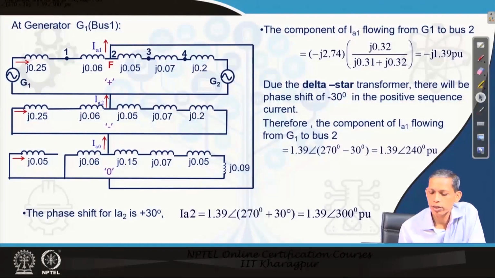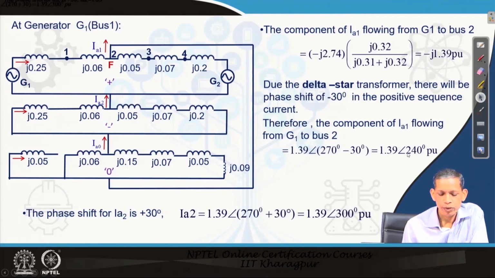Therefore, in this case the phase shift of minus 30 degree is taken into account. Whatever current we get, 1.39 with an angle of 270 degree, minus j, then 270 degree minus 30 degree gives 1.39 with an angle of 240 degree. For IA 2, as mentioned, because you are going from high voltage to low voltage, it is plus 30 degree.